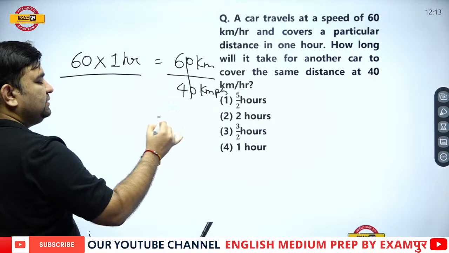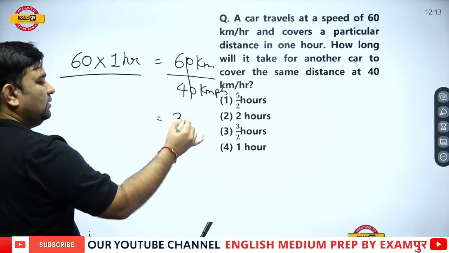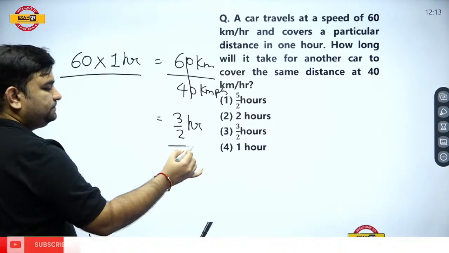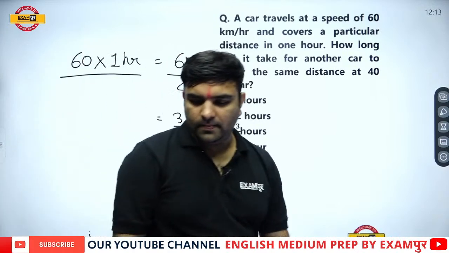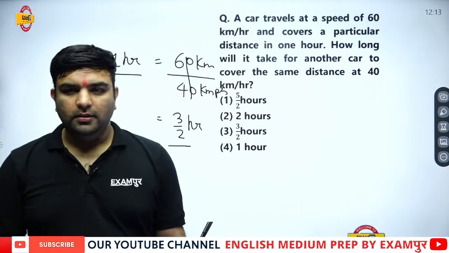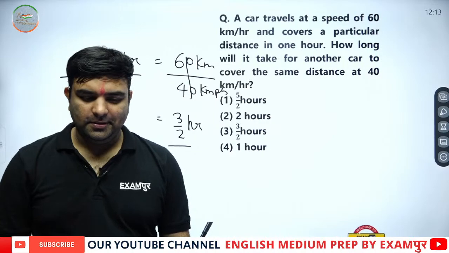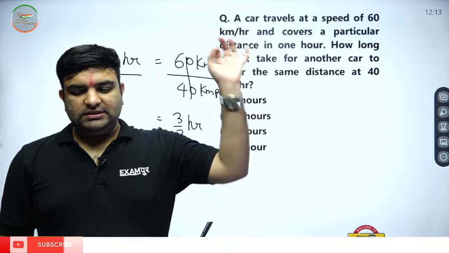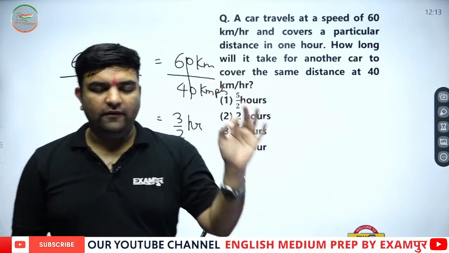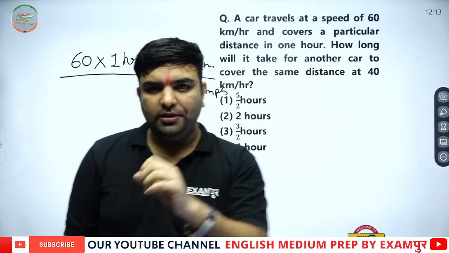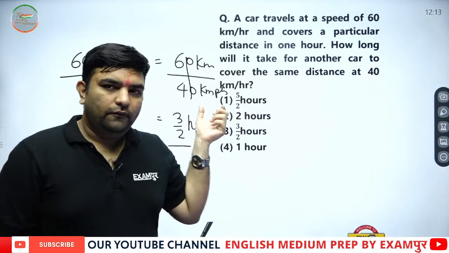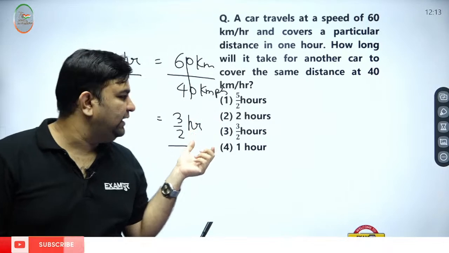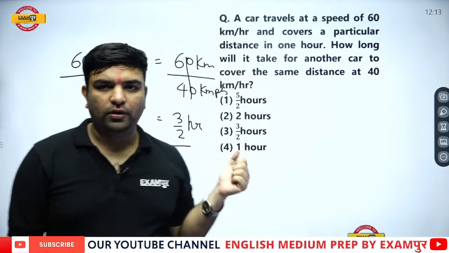So it will take 3/2 hour. Clear? With the speed of 60, in 1 hour it will travel 60 kilometer. When you want to travel this with the speed of 40, it will take 60/40, 3/2 hour.